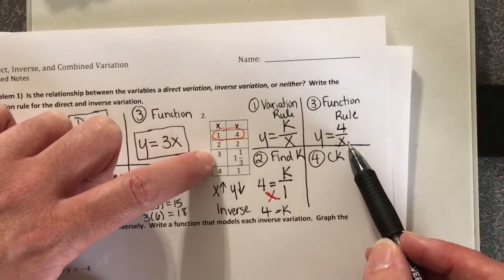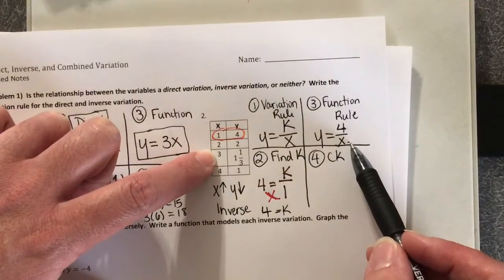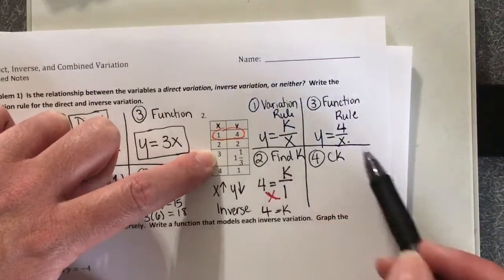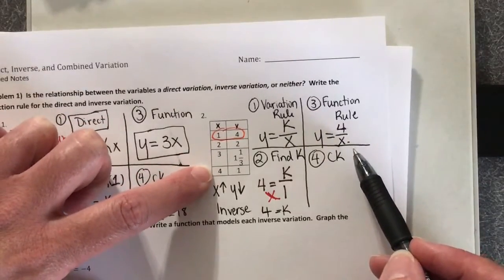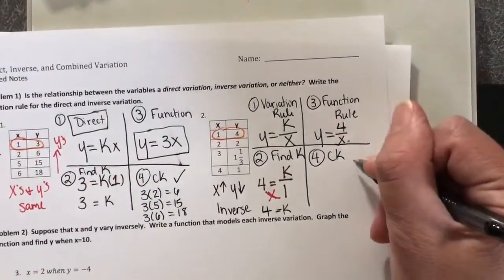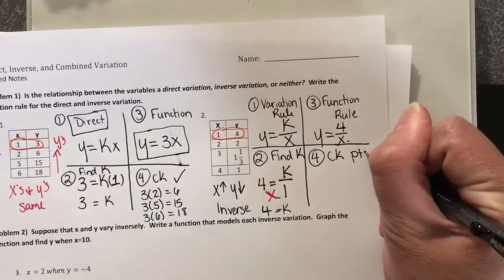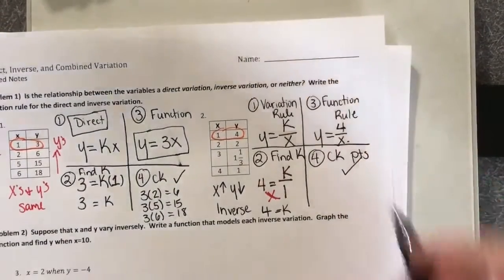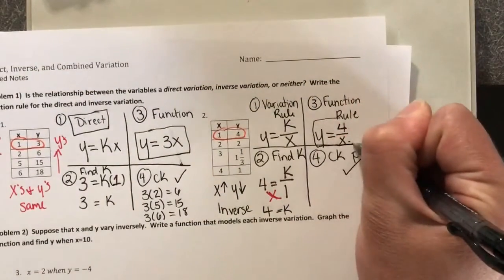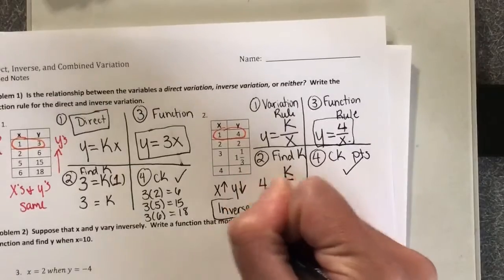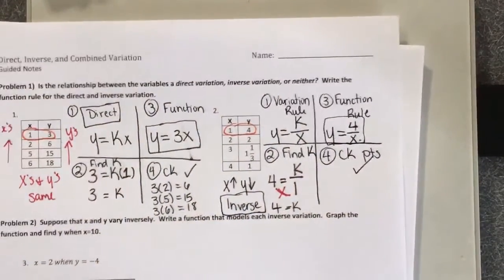When I divide 4 by 3, that is 4/3, so it checks out. When I divide 4 by 4, that is 1. So we've checked our other points and it works out. Now we have our function rule, and we know that it is inverse variation.